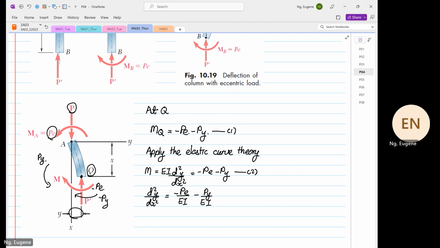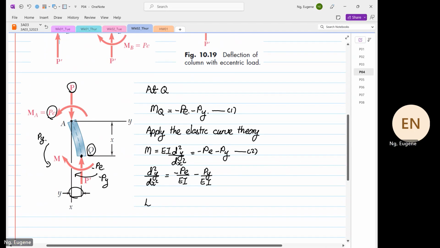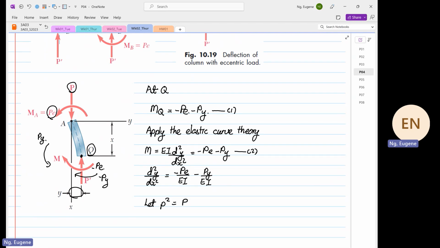Now we are going to let small p squared equal P over EI, like before, when we were deriving for centric loading.